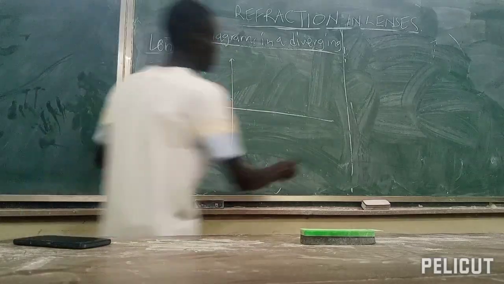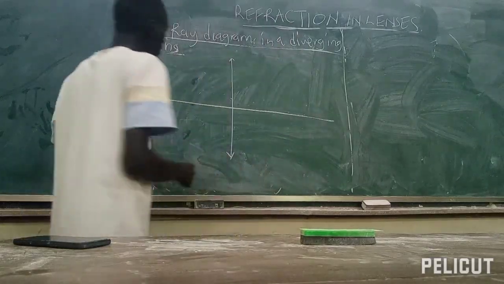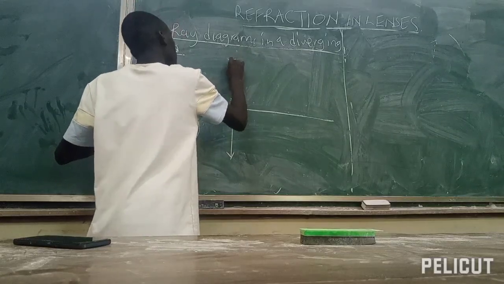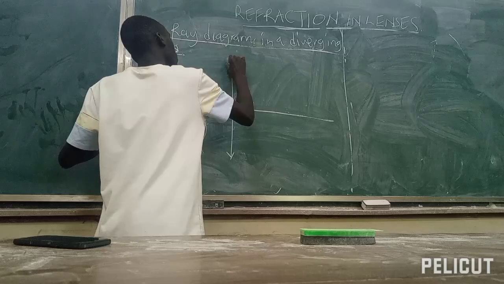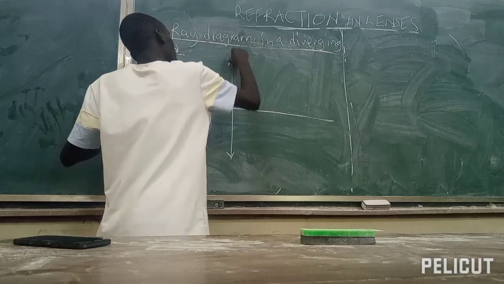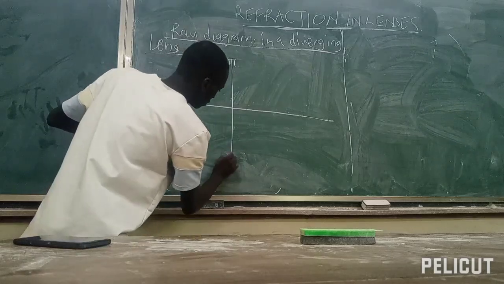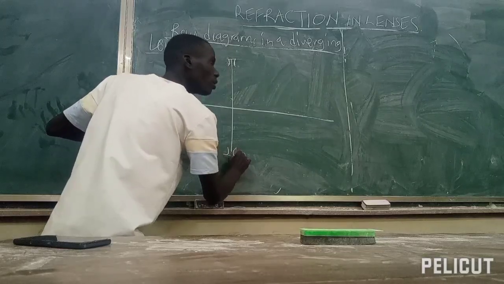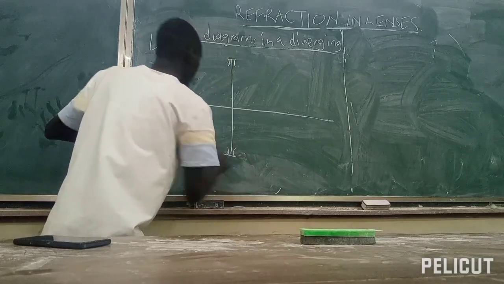So when you look at this lens here, these are the principal axis, meaning you have to indicate the image of something that behaves as a diverging lens. So this is our diverging lens.